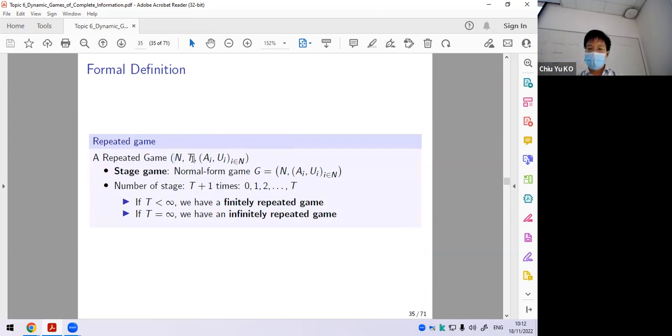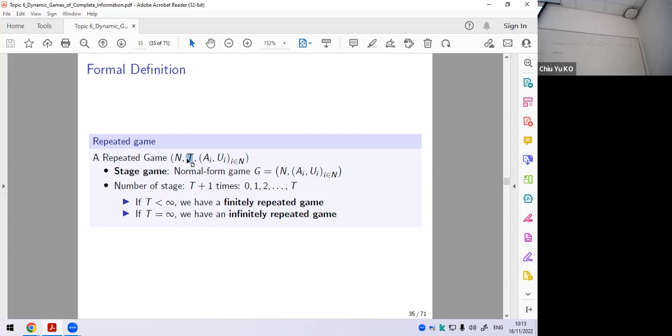We have N, T, and A, u. The difference is that we have T here, because without T it's very close to the normal form game, except this is A but not S. This is the action set, the action that you take at every single point of time. It is called A instead of S because the strategy is much more complicated: it is what you do in each round, given the history.